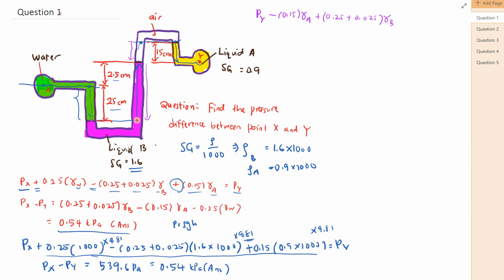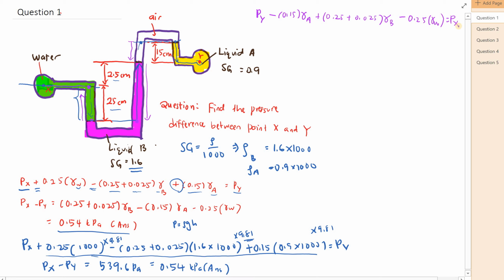You travel up this point. It's at the same horizontal level. So from here, you go upward, negative. How far do you have to travel upward? 0.25. And what liquid? There is water. And where's your destination? You are here now. This is the same horizontal level with X. So your destination is Px. Don't forget your destination.